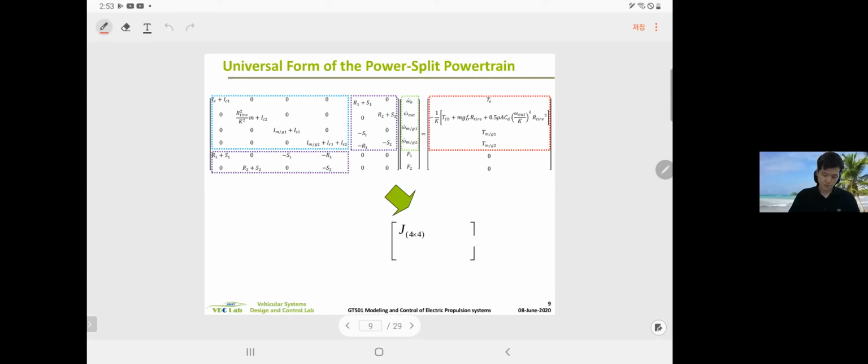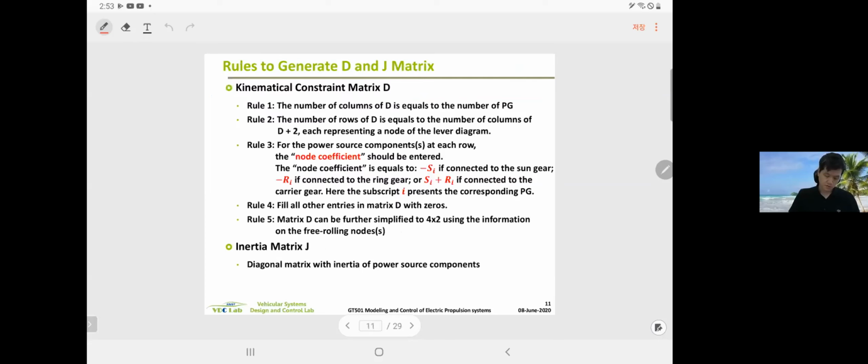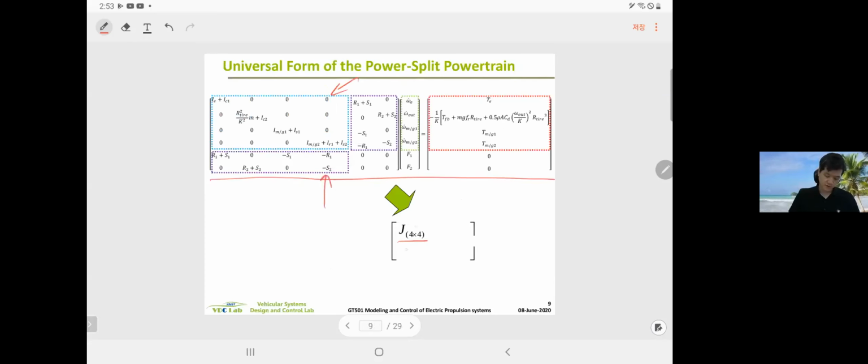So people looked at that, and if you look at this state space model, the first part is J, the inertia matrix, and then we have the D matrix, and then D matrix transpose, right? This part, and then zeros, right?